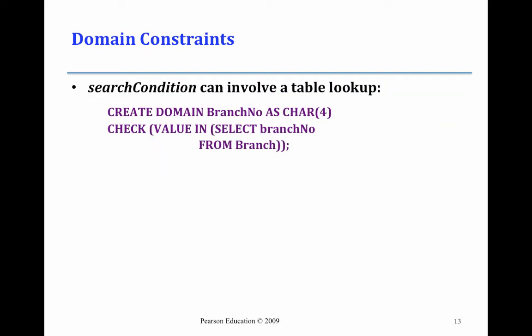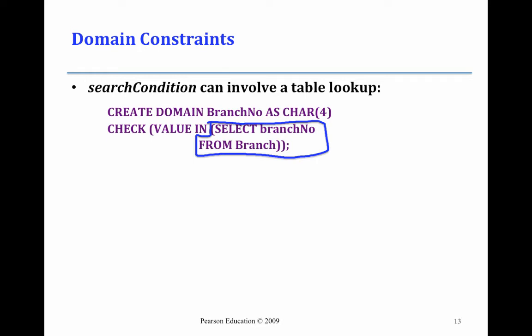So here we go. We're creating branch number as a domain, and it can be any value that is associated with an existing branch number in branch. So there, I didn't have to physically enumerate every valid branch number. Instead, I created a set by selecting branch number from branch. I'm saying any value in that set is a legitimate branch number.